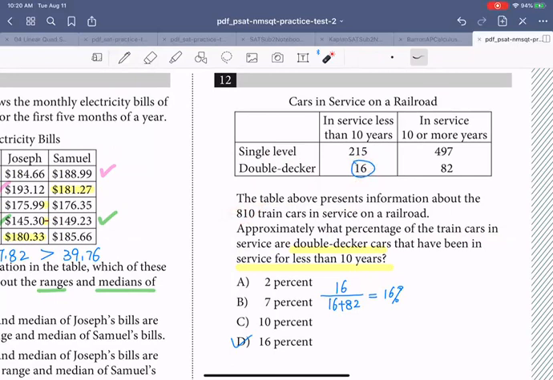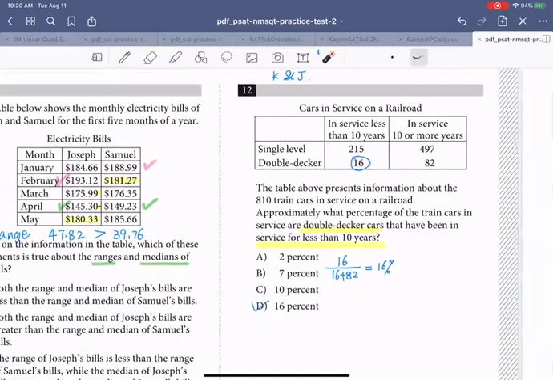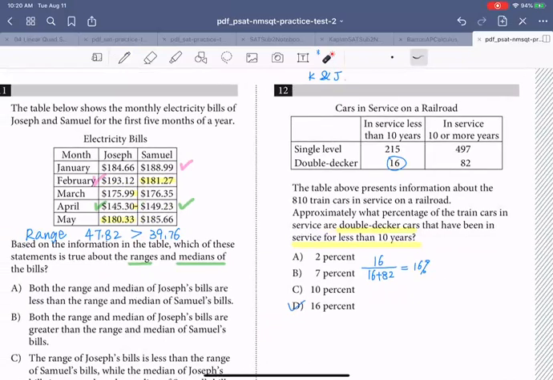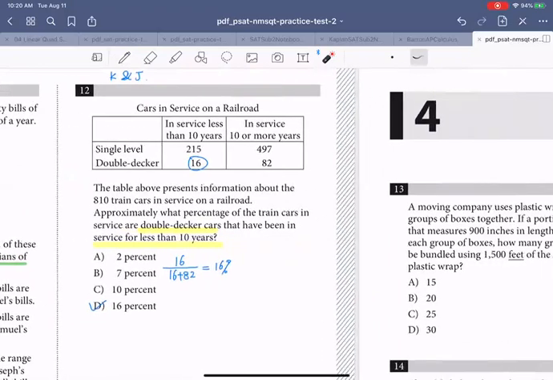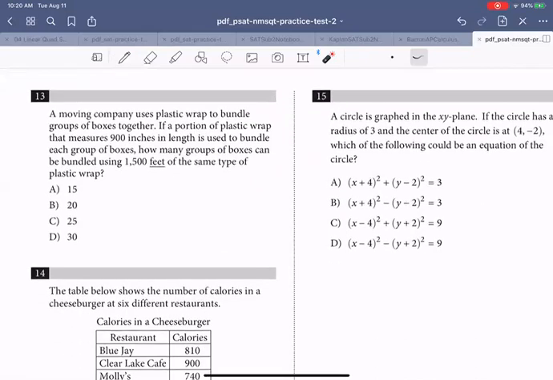But this question is asking you, those cars are in service less than 10 years among the double deckers. This is what this question is placed on trick. That makes sense? Yes. Okay, this is a probability question. We have to be very careful, okay? Yeah, let's take a look at number 13.